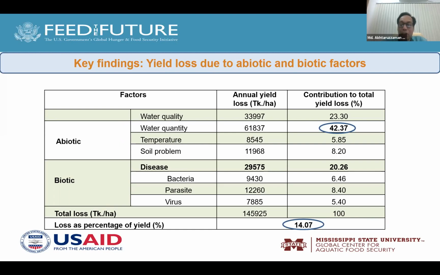However, the total loss due to abiotic and biotic factors in the affected area was 14% of gross yield. Among the abiotic constraints, water quantity was found to be the prime factor, comprising water shortage and flood in the study area.